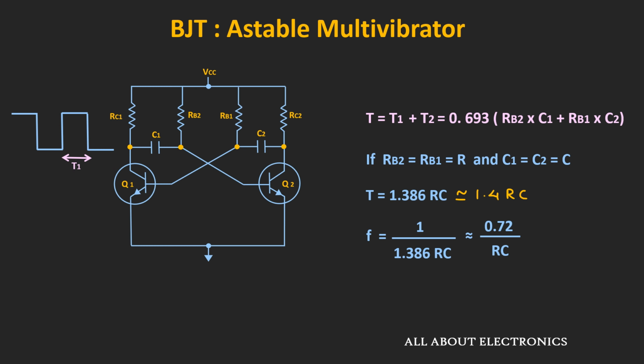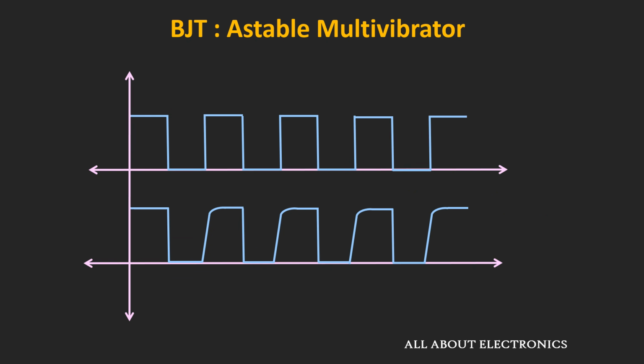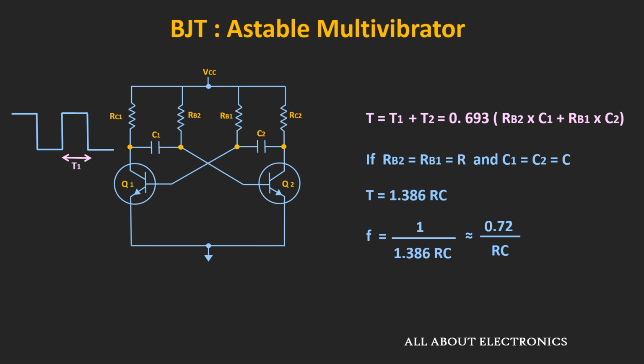Now for this astable multivibrator, if we see the actual output waveform, then it will look like this. So this rounded curve is due to the charging of the capacitors. For example, when Q1 is off and Q2 is on, then this capacitor C1 charges through this resistor RC1. And once it fully charges, then that voltage will appear at the collector terminal.